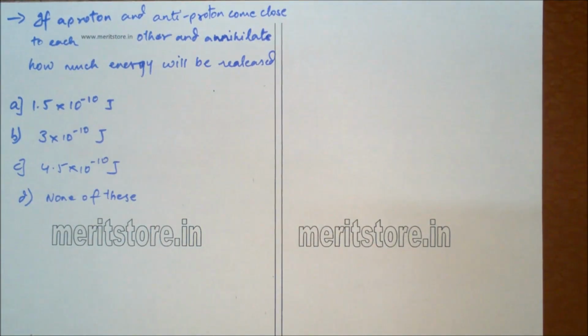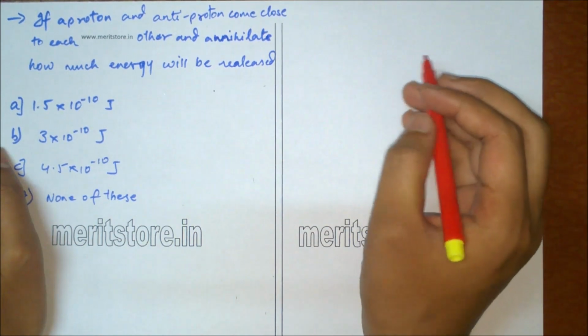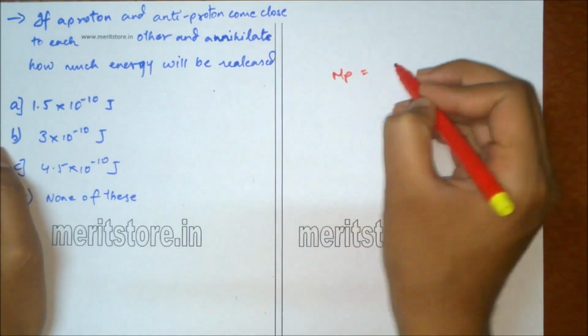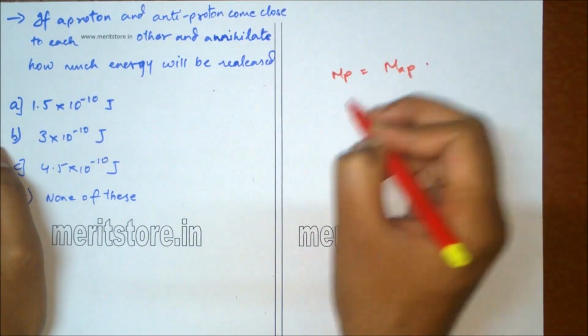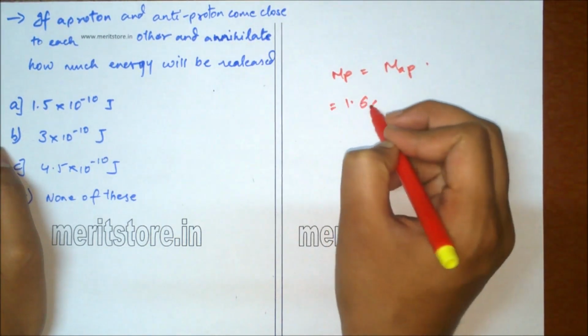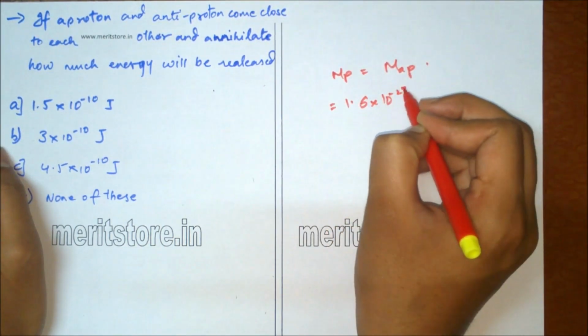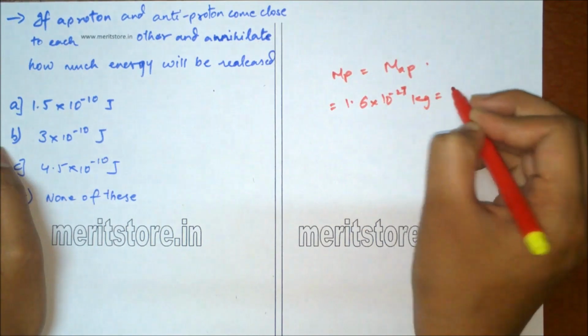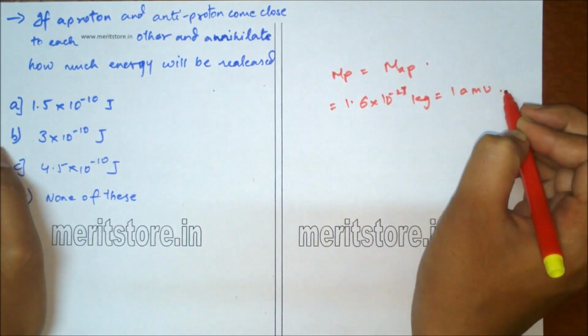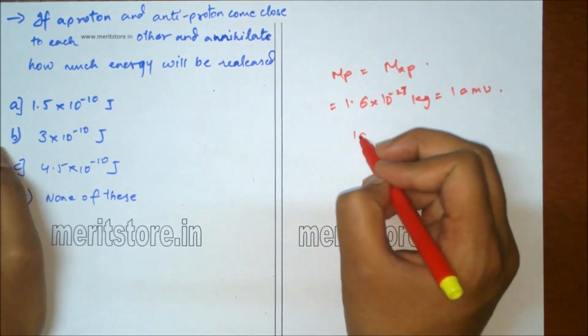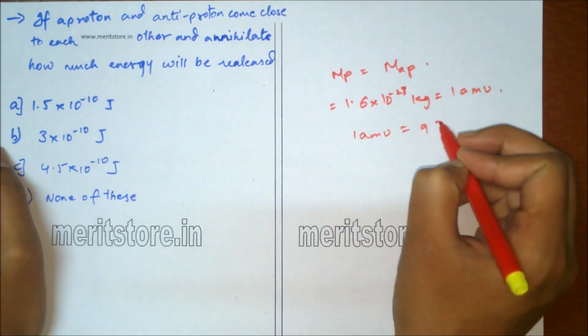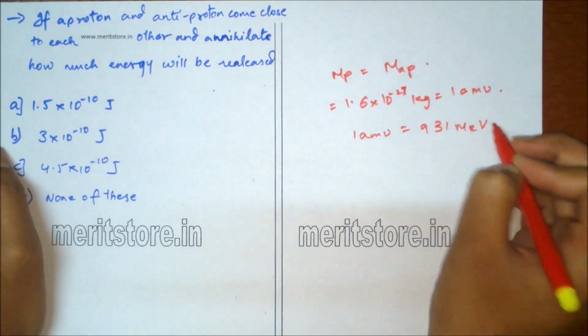If a proton and an antiproton come close to each other and annihilate, how much energy will be released? So mass of proton is equal to mass of antiproton, which is equal to 1.6 into 10 raised to minus 27 kilogram, which is equal to 1 AMU. Energy equivalent to 1 AMU is equal to 931 mega electron volt.